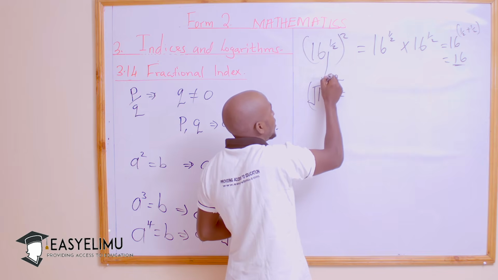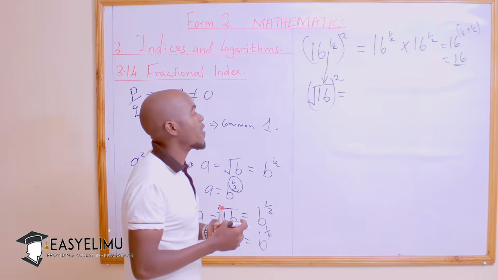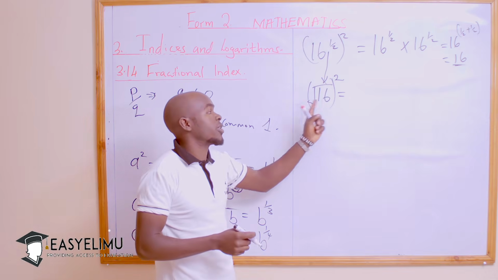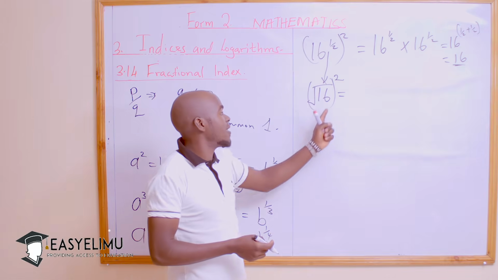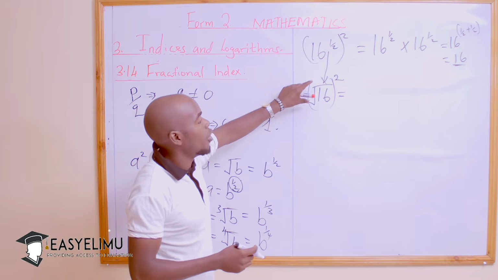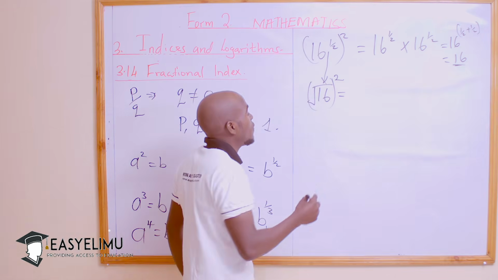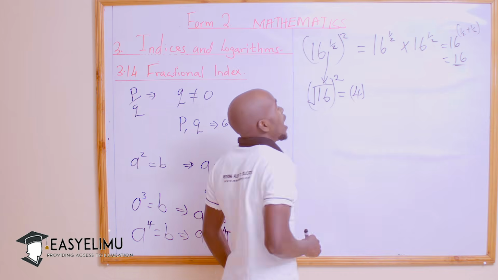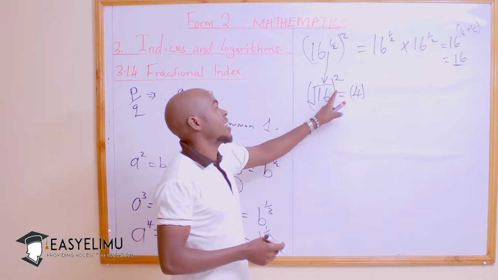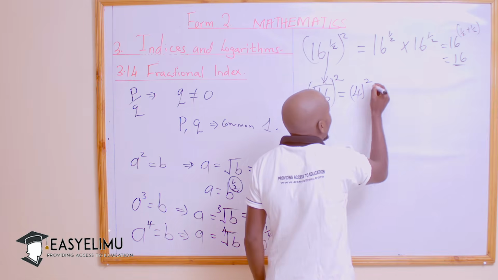Rewriting it in this form, 16 raised to a half can be written as the square root of 16 with the square being outside. And if that is the case, you will find that the square root of 16 is equal to 4. But remember, this is what we have in the bracket, and outside the bracket we have raised to power 2.